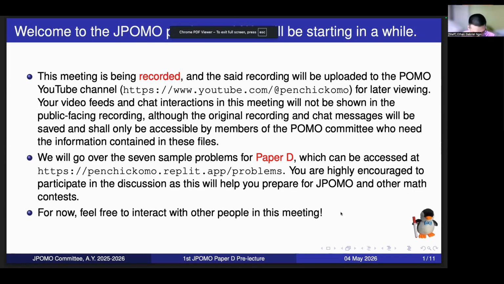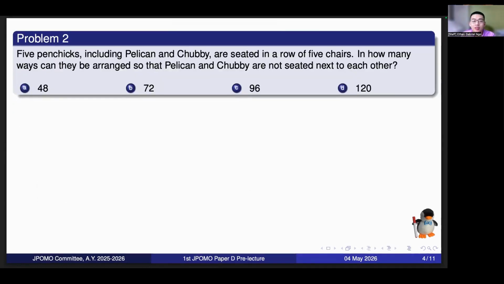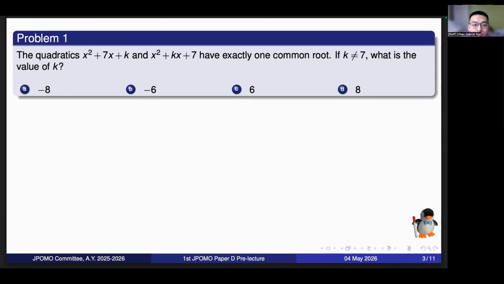Okay. So going back to this question, the quadratics x squared plus 7x plus k and x squared plus kx plus 7 have exactly one common root. If k is not equal to 7, what is the value of k?